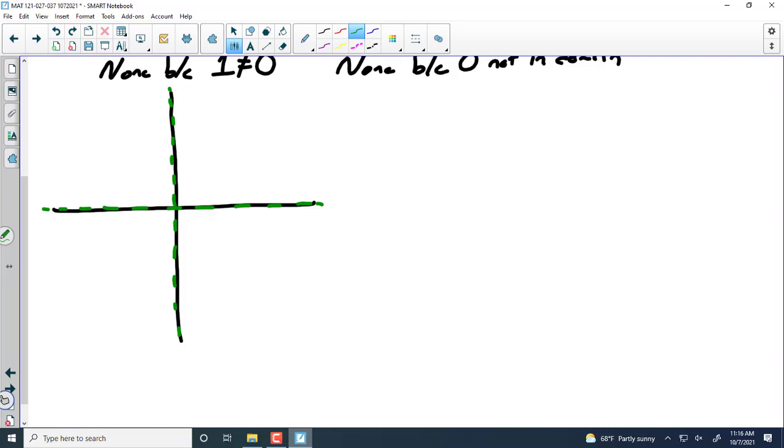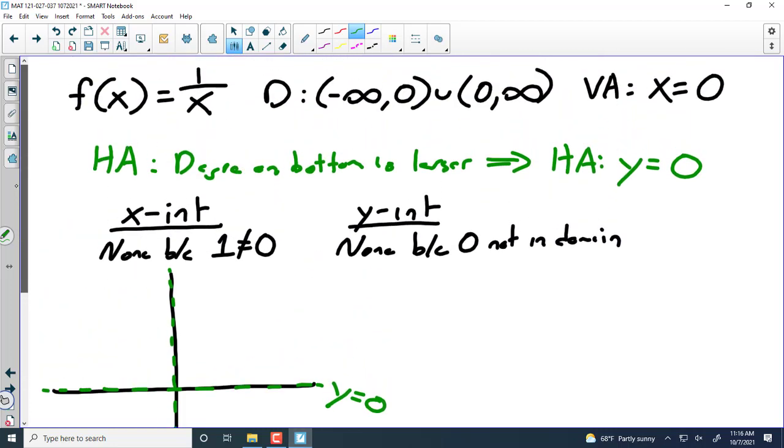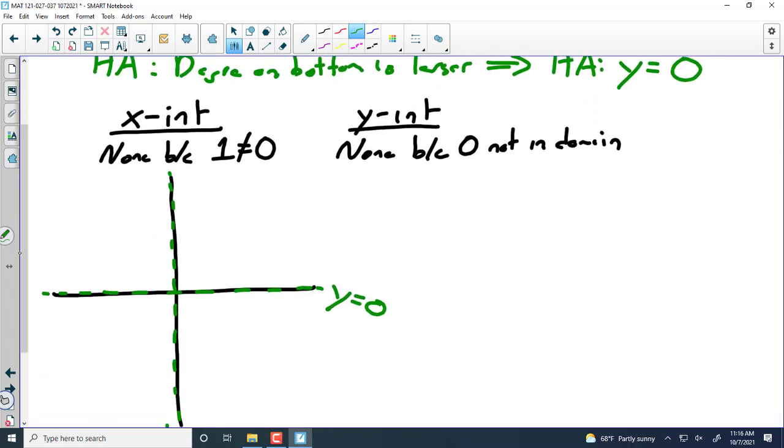We get these two asymptotes of x equals 0 and y equals 0. And then, just like we did in class last time, whether you remember or not, you can just plot a bunch of ordered pairs. But really, since we know it hugs the asymptotes, the only 2 ordered pairs we need to do is observe that when we plug in a 1, we get 1.